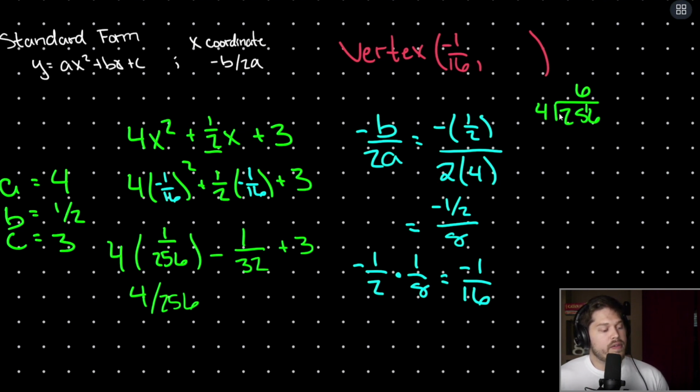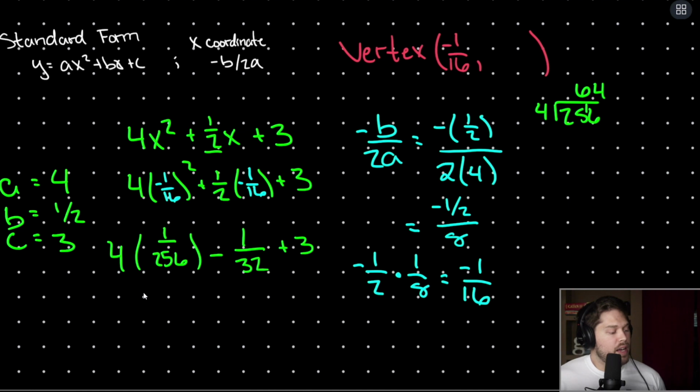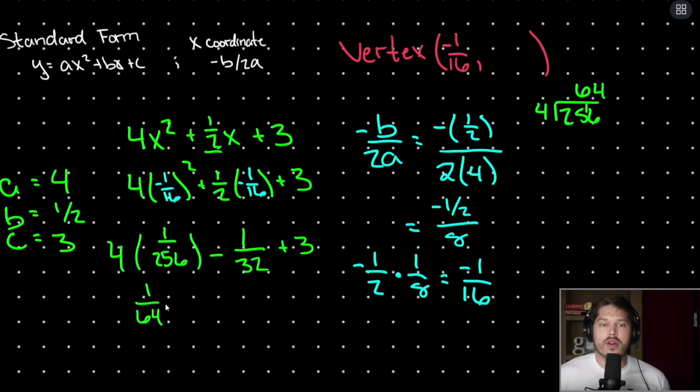We have one remainder. 4 goes into 16 4 times. So 4 over 256, we're going to write this as 1/64th. So 1/64th minus 1 over 32 plus 3.